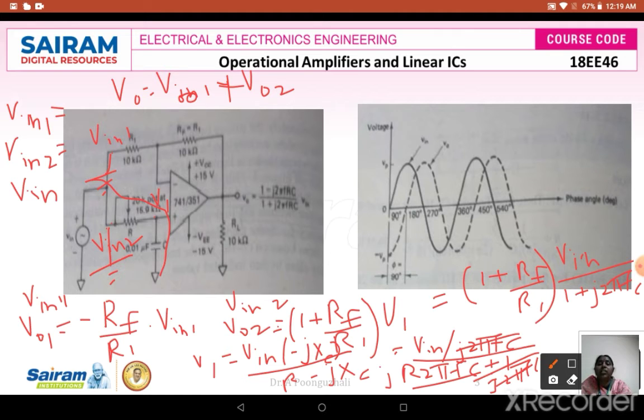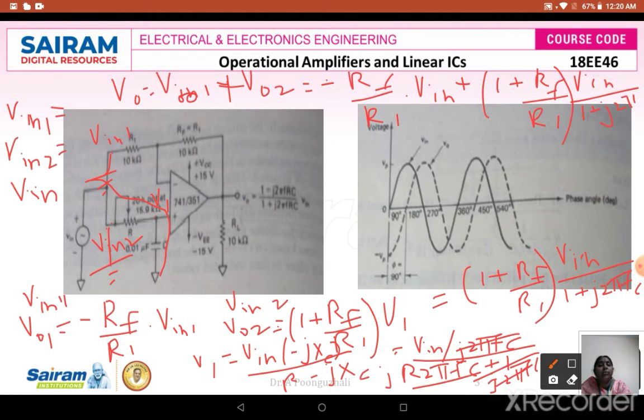So that is nothing but minus Rf by R1 into Vin for the first case, plus for the second case it is going to be 1 plus Rf by R1 into Vin divided by 1 plus j into 2 pi F into C.